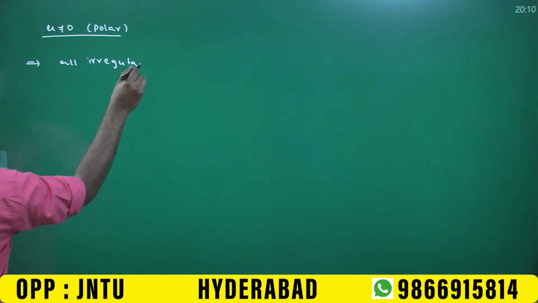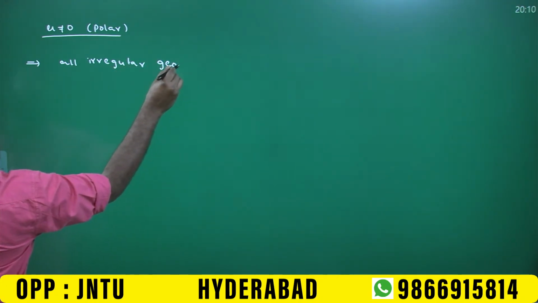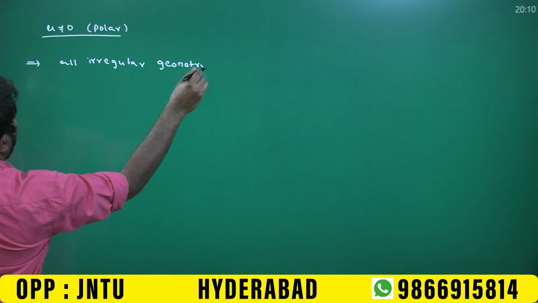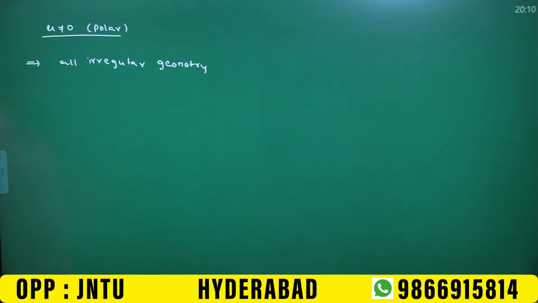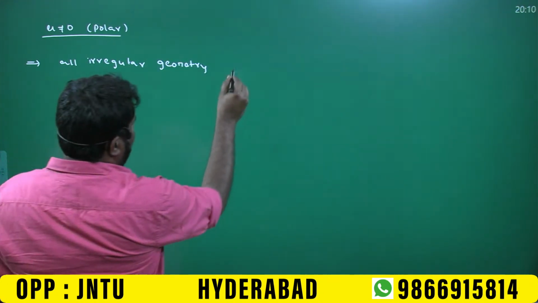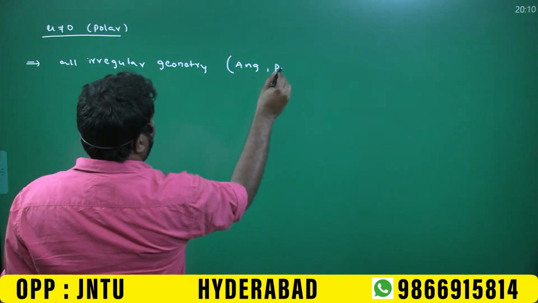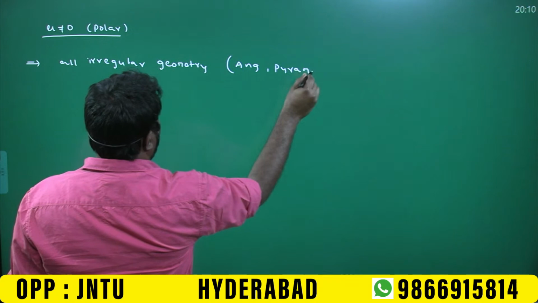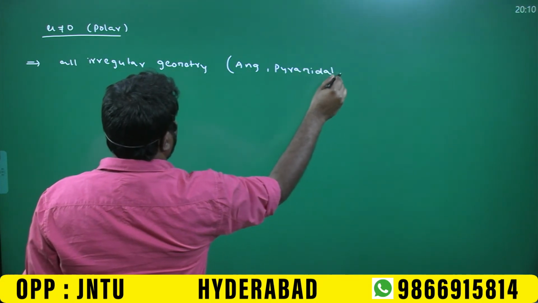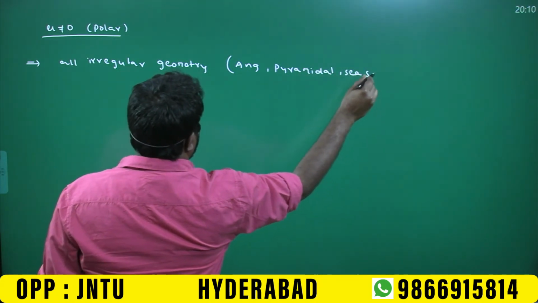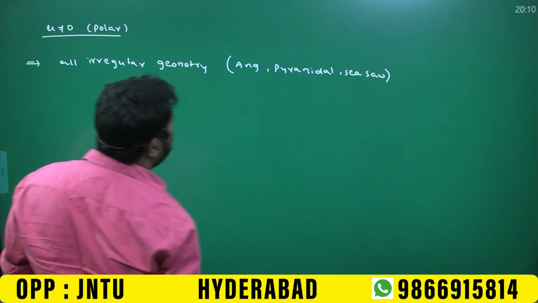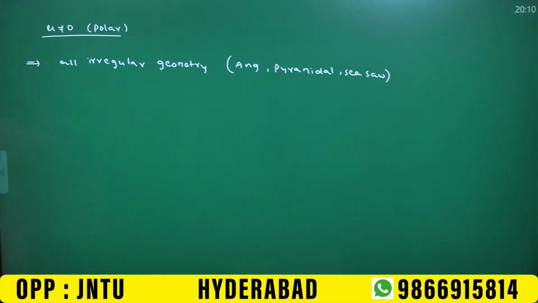Irregular geometry means like angular shape or pyramidal shape, or even seesaw. These are all irregular geometry. For them, dipole moment is not equal to 0.